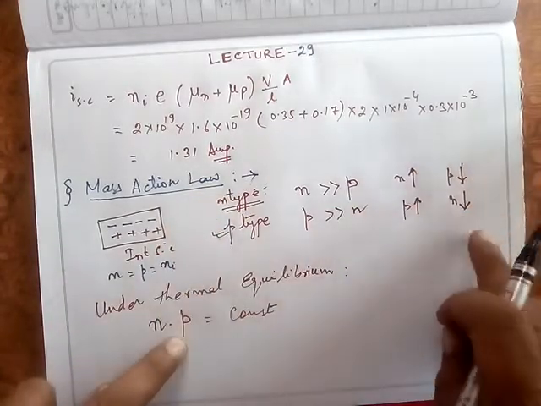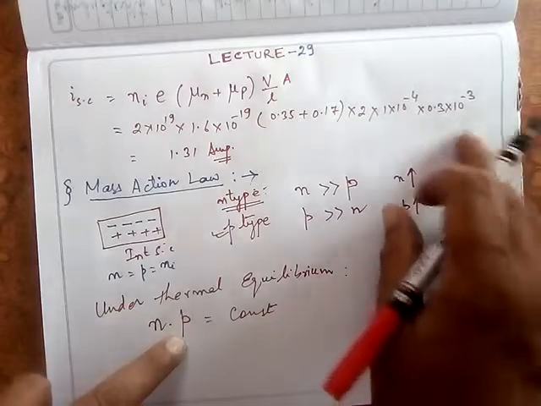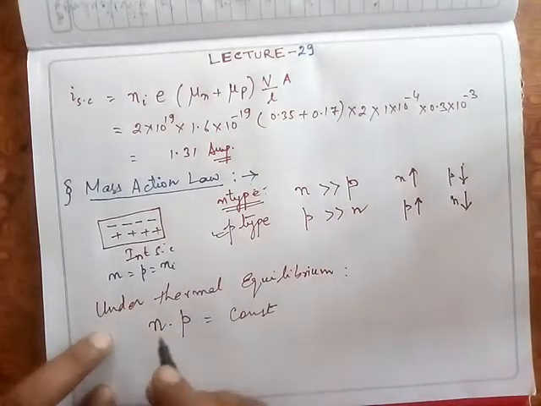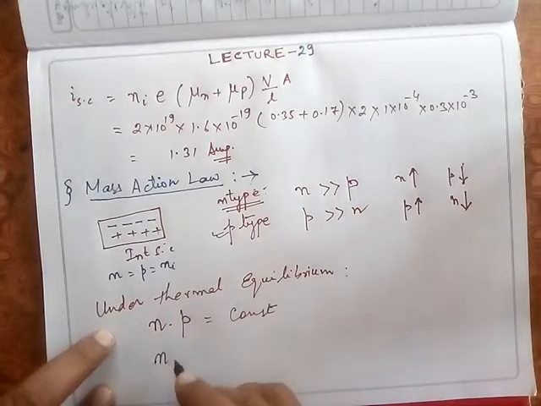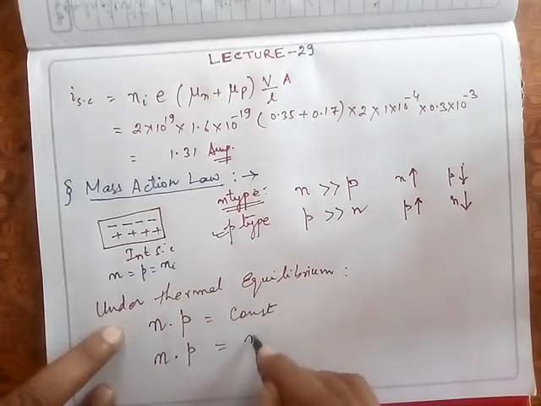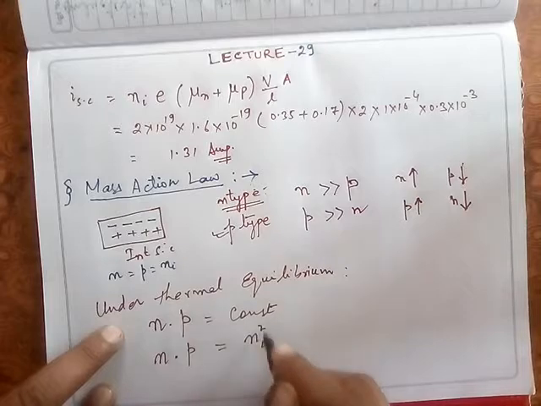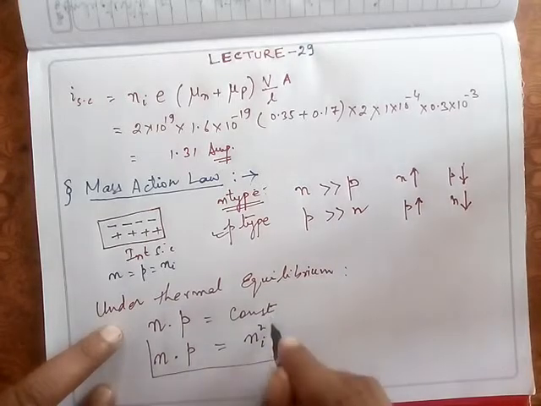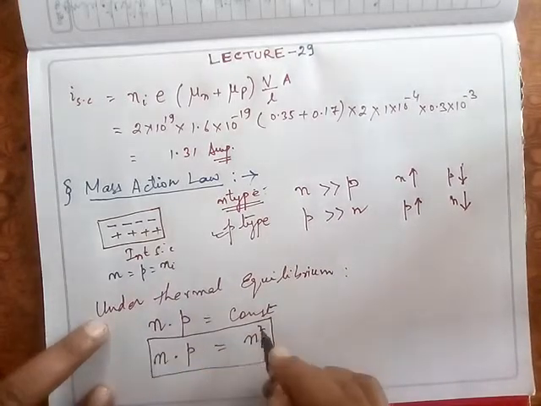One is increasing, the other is decreasing, but the product will remain constant, and that constant is the square of the intrinsic concentration: N into P is equal to Ni squared. This is the mass action law or law of mass action.